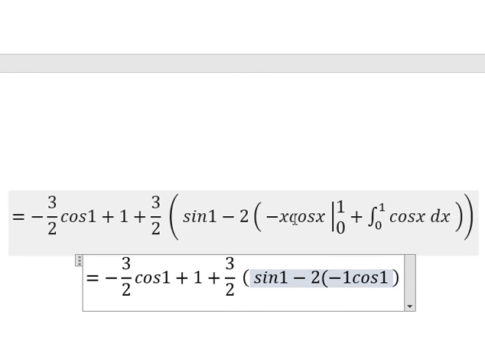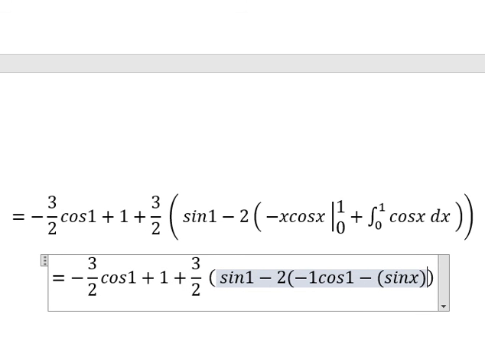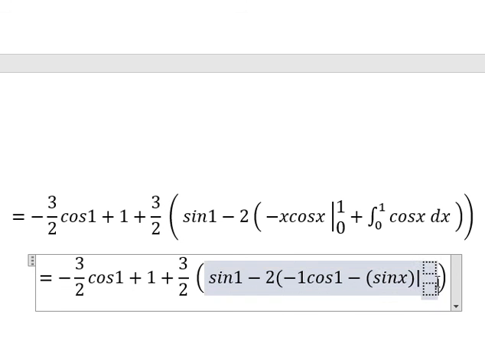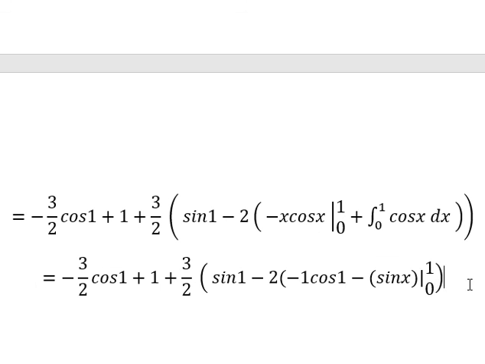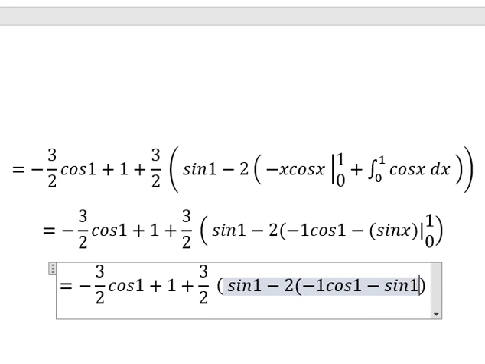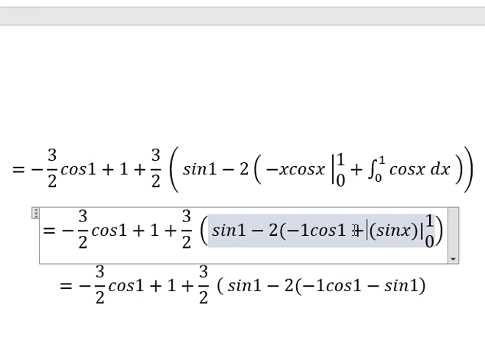If we put number 0 in here, they cancel. The integration of cosine s, we have negative sine s, and we put the bounds from 0 to number 1. And this one we have sine number 1. Oh, sorry, this one is positive.